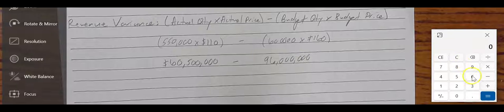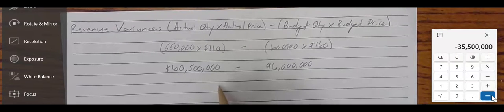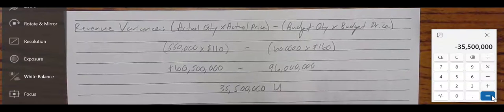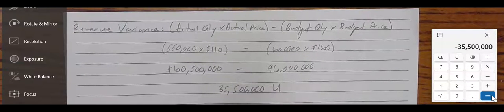To produce the negative number, I'm going to start over from left to right, and we get 35,500,000. Because this is a negative number on the calculator, we would consider this to be an unfavorable variance.